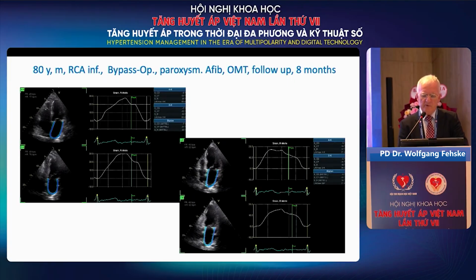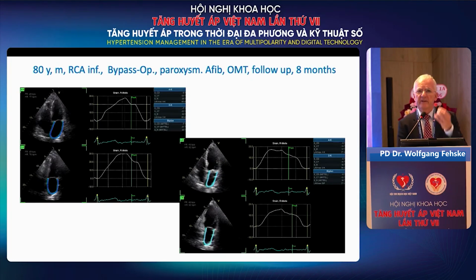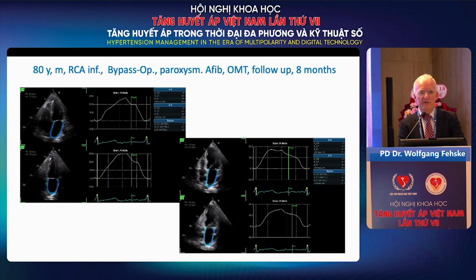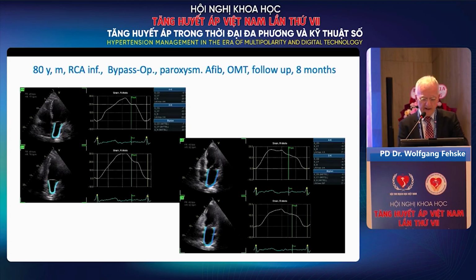He has a very strong A wave, or a very strong booster reaction throughout the time. The diastolic function of the left ventricle is worse than before, but throughout the time he has a very important atrial contraction booster function, so he needs his atrial contribution, and if he goes back to atrial fibrillation, it is terrible for this guy.